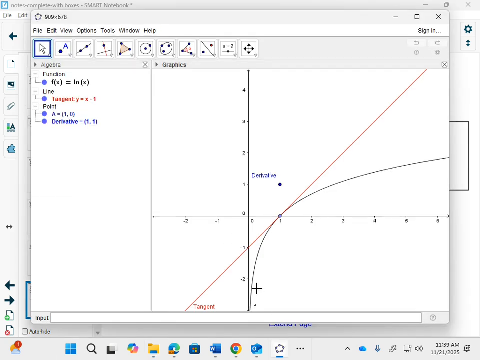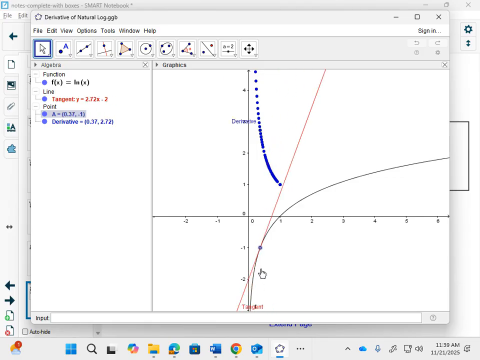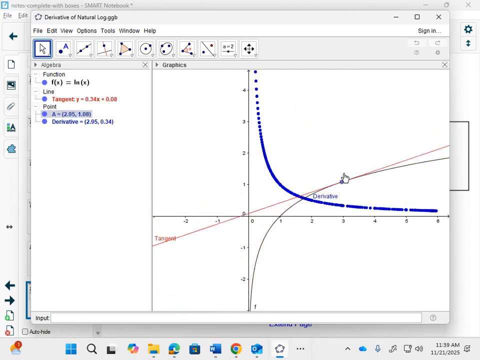Here's the graph of the natural log of x. And if I take this point and I plot all of the slopes, there looks like there's two asymptotes, which there is. And this is half of the 1 over x graph.